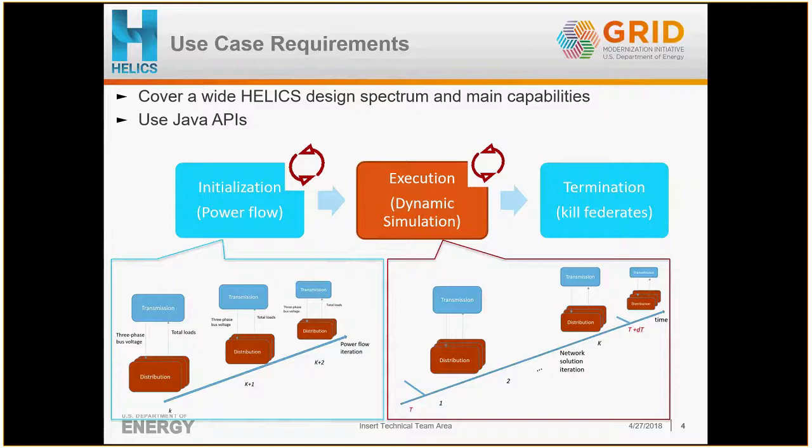During the execution stage, we will have iterations for each time step, which makes sure of the convergence of the transmission and distribution system at the boundary, until we get to the end of this simulation. One thing I would like to mention is, since the transmission tool is a Java-based program, we will be using the Java API on the transmission side, but for the distribution side, GridLAB-D, which uses the C and C# API.